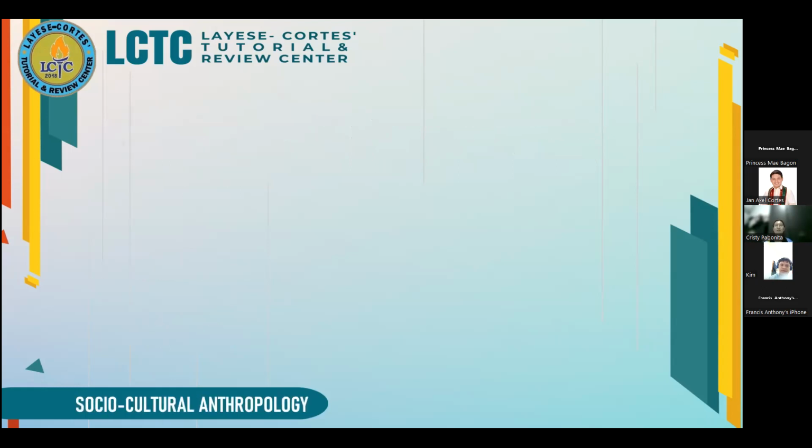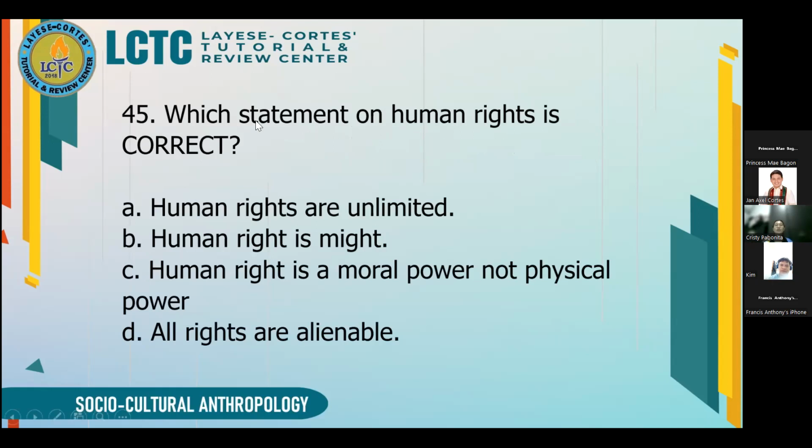Okay. 45. Which statement on human rights is correct? Human rights are unlimited. Human right is might. Human right is a moral power, not physical power. Or letter D, all rights are alienable. Your answer?